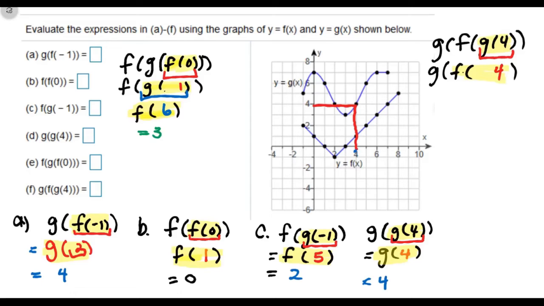I have an x value of 4, go up to the graph of f, and I get a y value of 1. So f of 4 is 1. So now I have g of 1. Let's find g of 1. An x value of 1, go up to the graph of g, and I get a y value of 6. So g of 1 is 6.